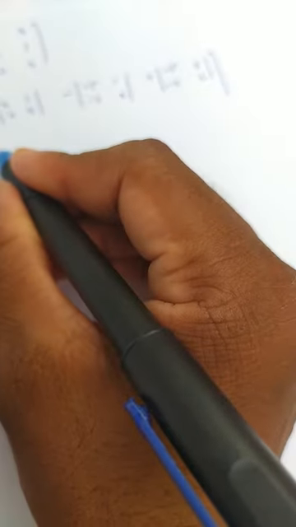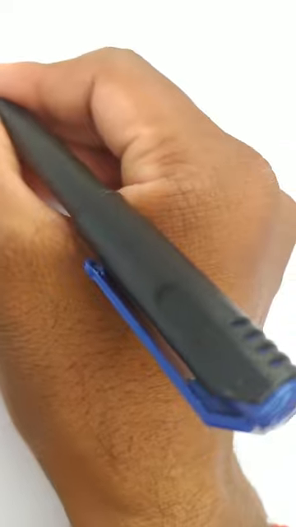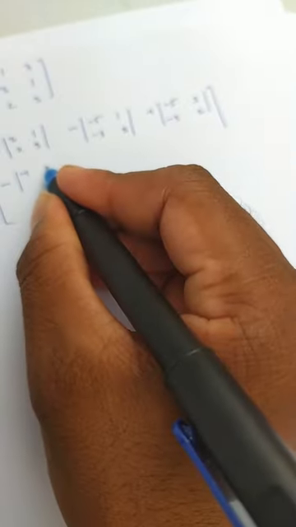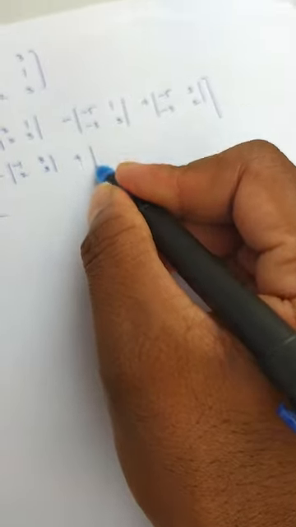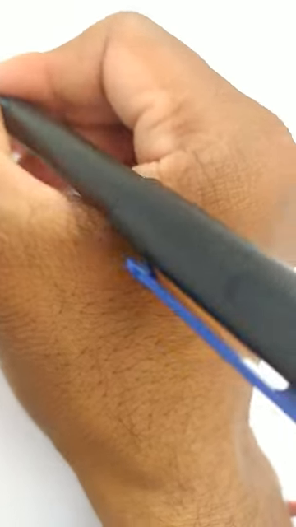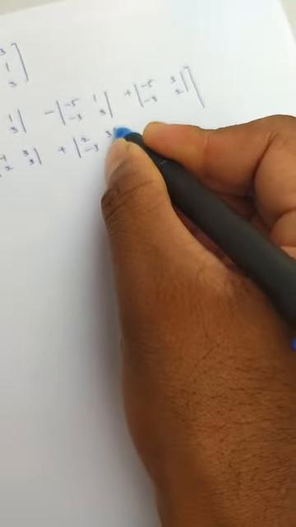Next minus 1, remove this row and this column, minus 1 3 2 3. Next plus, remove the row and column, 2 3 minus 3 3.